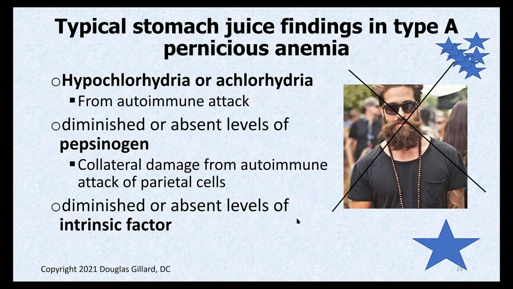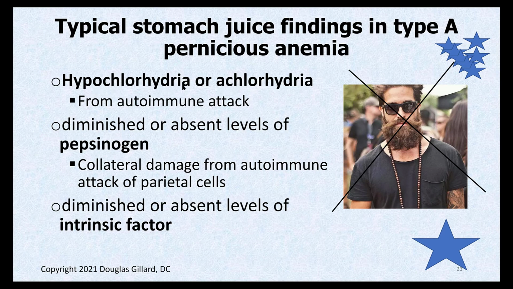Typical stomach juice findings. So now think about this. If they have type A pernicious anemia, parietal cells gone, so they're going to have no hydrochloric acid. So they're going to have either achlorhydria, meaning the acid is completely absent, or maybe they'll have a little bit of juice.